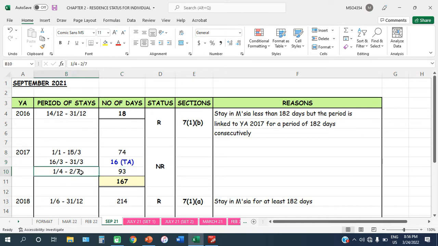Okay, last but not least, okay, 1st April until 2nd July. This one start on 1st, isn't it? So, April 30 days. Okay, 30, May 31, June 30, July until 2nd. Okay, plus 2. Okay, settle calculating number of days for 2017. Okay, we don't need to total up first.